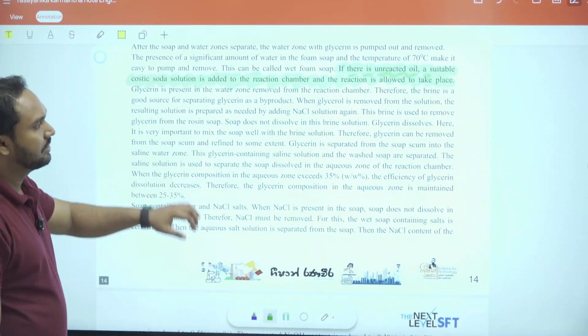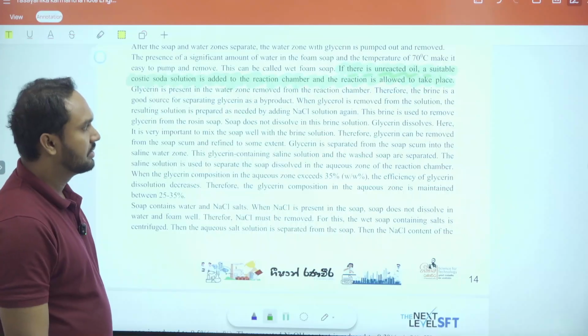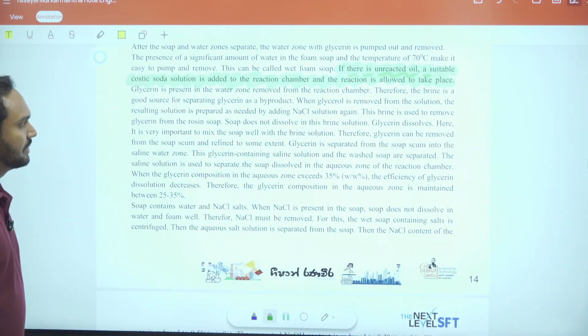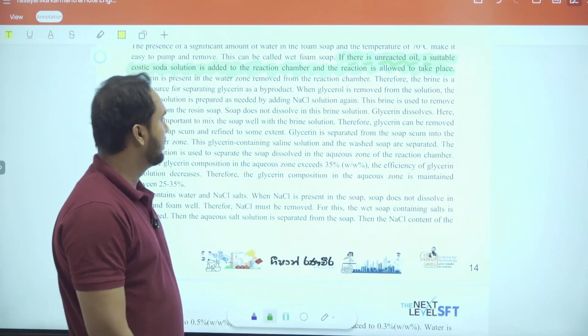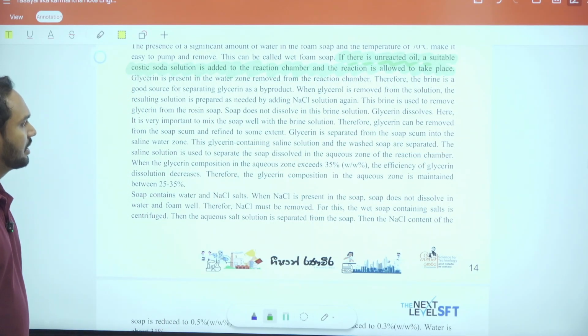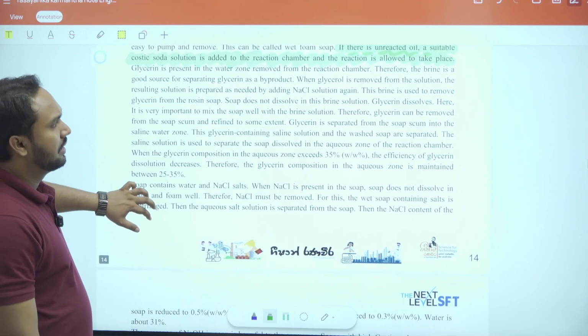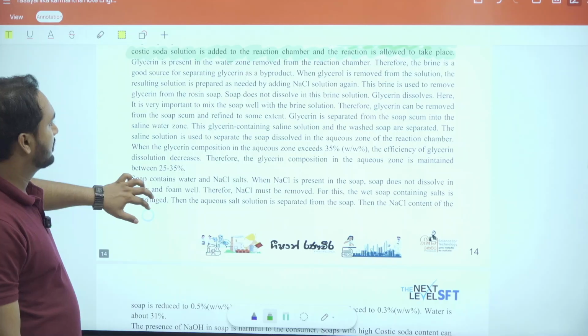Soap does not dissolve in the brine solution. Glycerin dissolves. Here it is very important to mix the soap well with the brine solution. Therefore, glycerin can be removed from the soap scum and refined to some extent. Right? Glycerin is separated from the soap into the saline water zone.